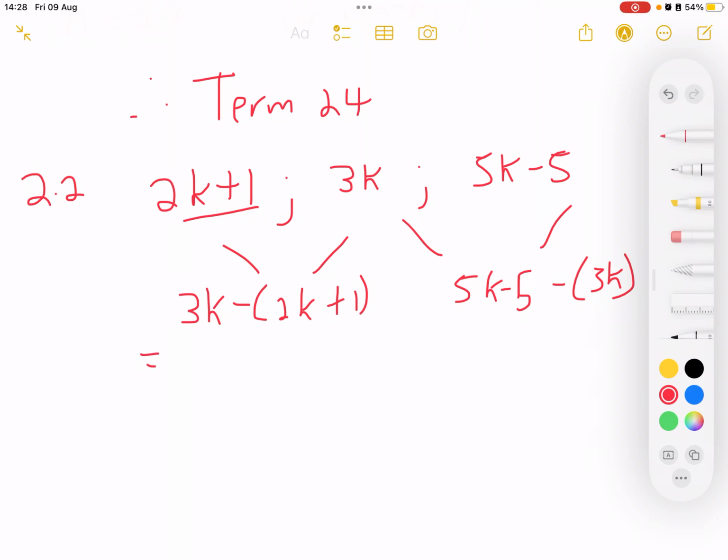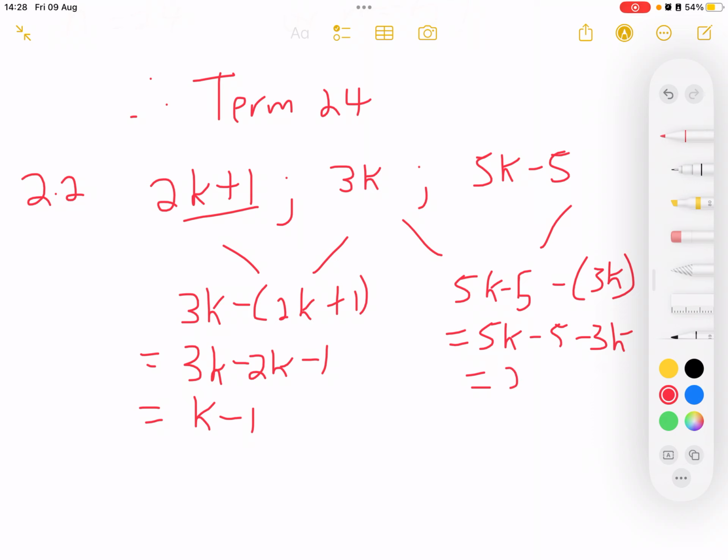So this gives us 3k minus 2k minus 1, which is equal to k minus 1, and that is our common difference. And then in here we have 5k minus 5 minus 3k, which is equal to 2k minus 5. Now, since this is arithmetic and this is a common difference, this means that k minus 1 is equal to 2k minus 5.